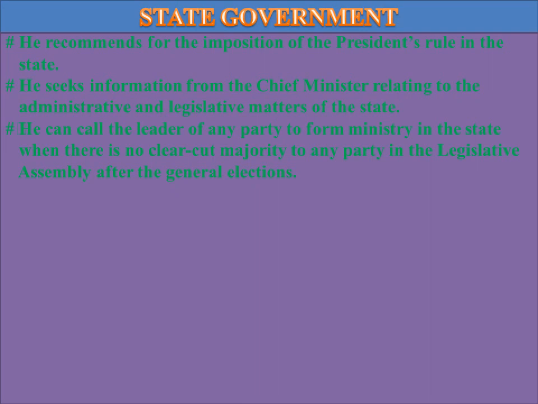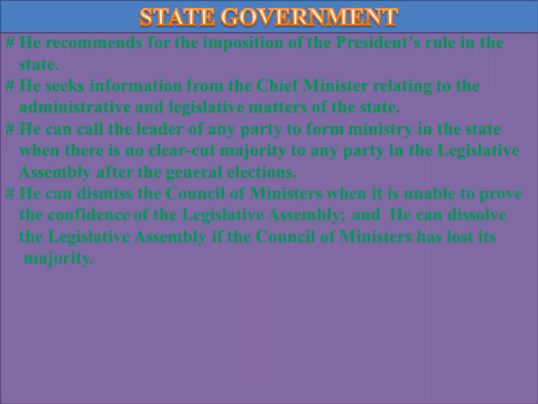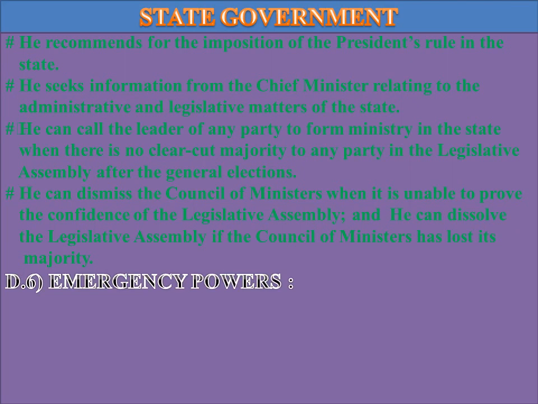The last discretionary power is he can dismiss the council of ministers when it is unable to prove the confidence of the legislative assembly, and he can dissolve the legislative assembly if the council of ministers has lost its majority. Next, we are going to learn about the last power of the governor, emergency powers.